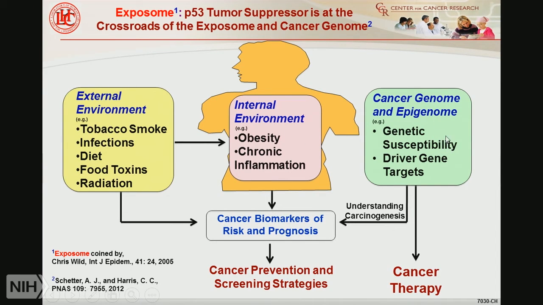Genomics plays a role, both genomics and epigenomics, genetic susceptibility that might be inherited, driver genes that may be targets for cancer therapy, but this information leads to an understanding of carcinogenesis, how normal cells become cancer cells, and adds to this knowledge to develop cancer prevention and screening strategies.